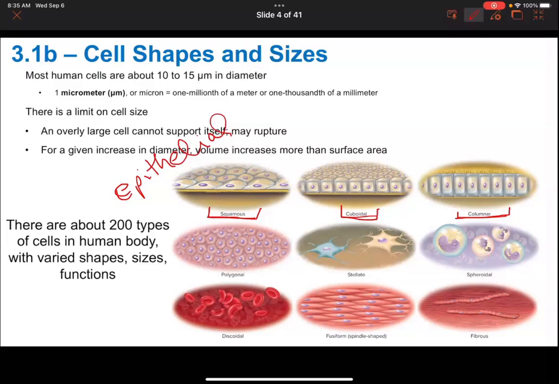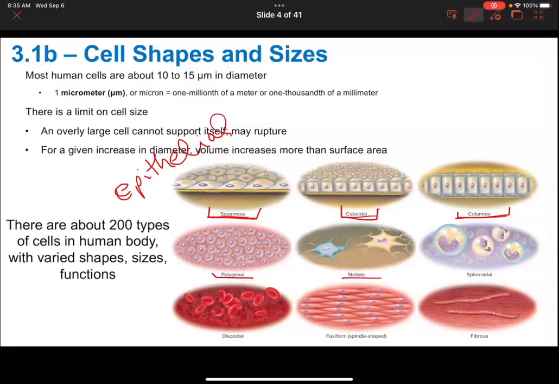And their shapes are reflective of their function. Just like we talked about anatomy and physiology, the anatomy of these cells reflects their ability to carry out their function. So for instance, the flat squamous cells are thin and allow for things like gas exchange or nutrient exchange. Other cell shapes that we have are polygonal and stellate. These are common in the nervous system.